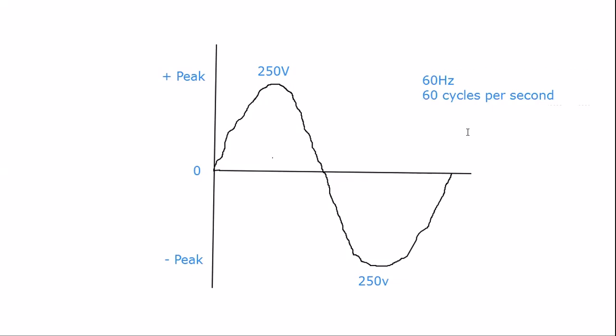This means that every second you have 60 cycles of electric energy flowing through your conductors in your AC system. So that is why when we get a chance to go back, we use the tester and test the voltage.